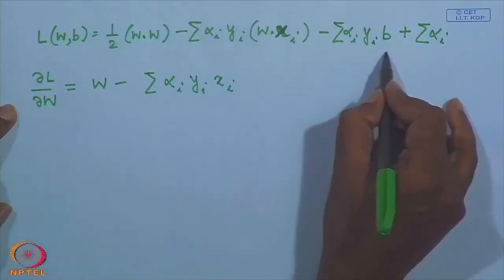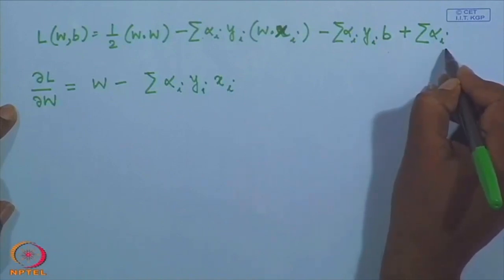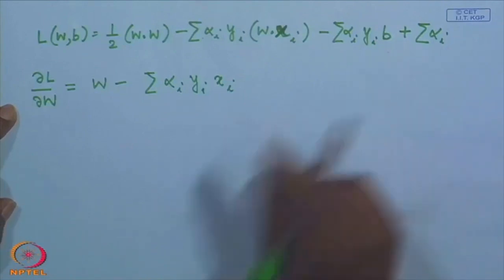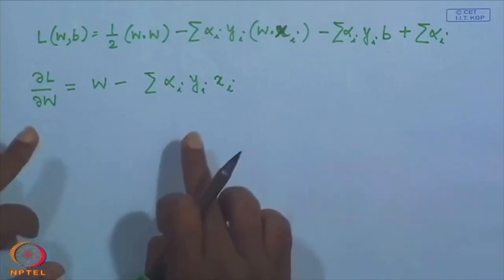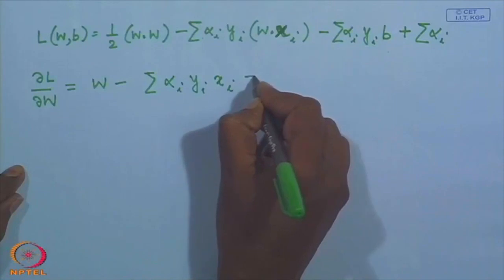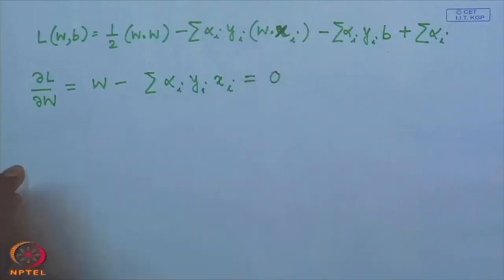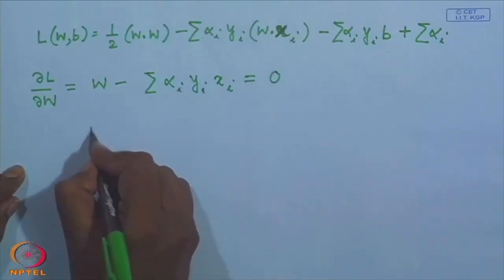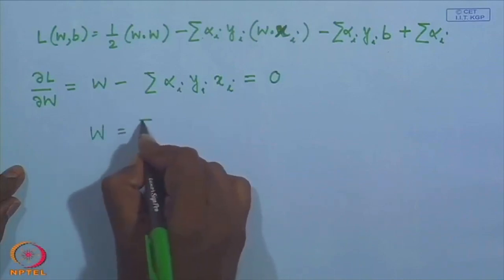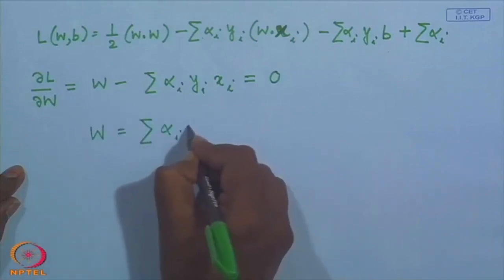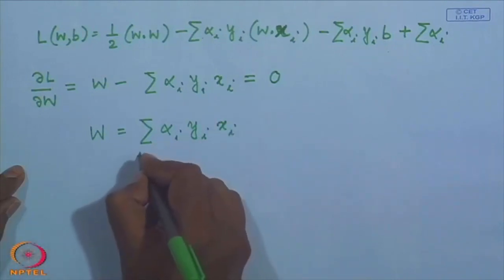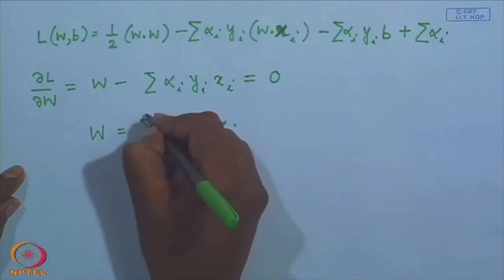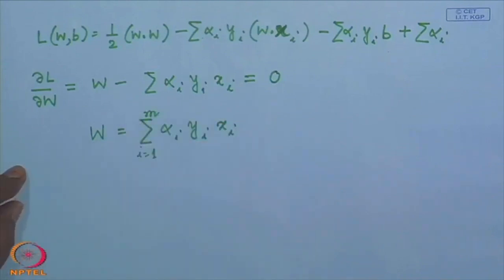You find that this term is independent of w, this term is independent of w. So, the derivative of these terms with respect to w will be equal to 0. And once I take this derivative, I have to equate it to 0, which gives me w is equal to sum of alpha_i y_i x_i, where i will be from 1 to m, as m is the number of training samples.